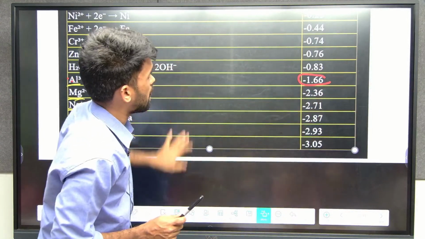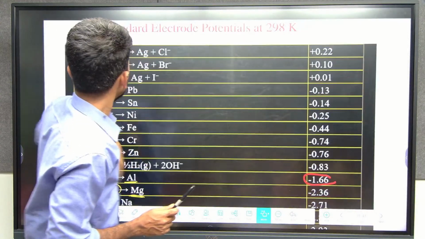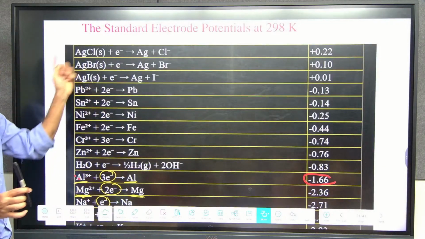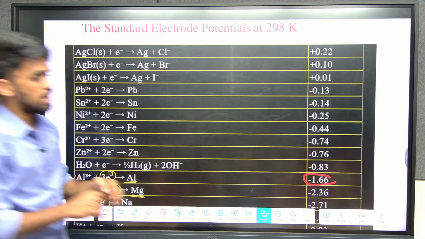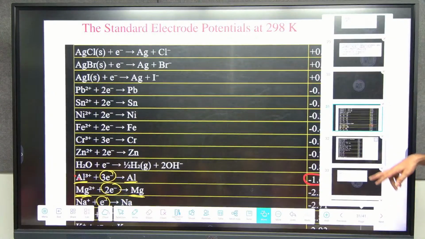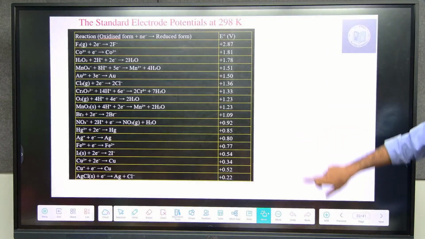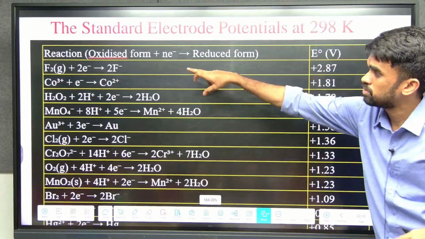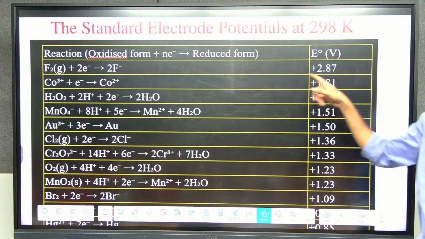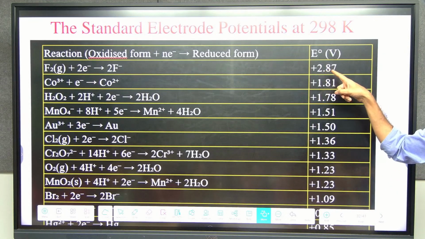So the highest value you observe in this table is for AgCl. Like that, the complete table contains this many elements. So the highest reduction potential value is for whom? Fluorine. How much is it? Plus 2.87.